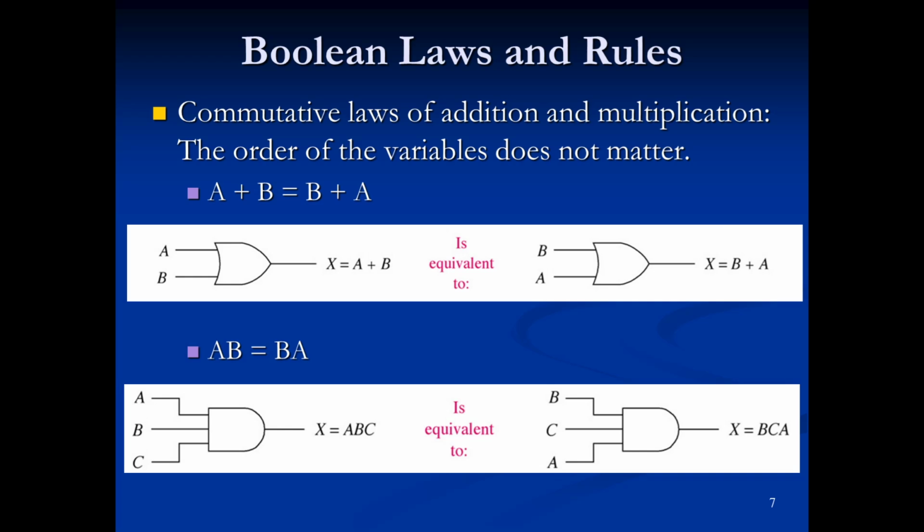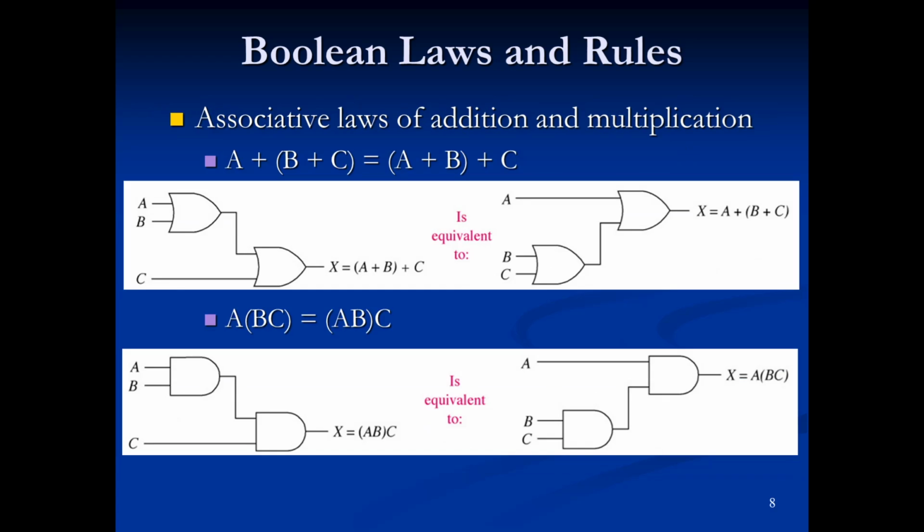Almost identically to regular algebra, the commutative law says the order of the variables doesn't matter. So A can be ORed with B, or B can be ORed with A. The order of A and B does not matter. And similarly with AND gates, A ANDed with B is the same exact thing as B ANDed with A.